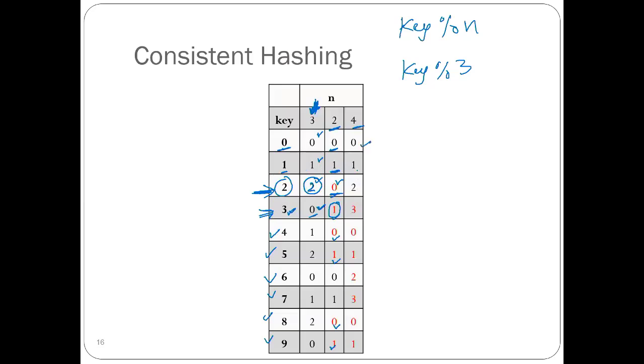For this it did not change, for this it did not change, for this it did not change, because now n is equal to 4. But this key, which was earlier hashed to the first server, server 0, needs to be hashed to a new server, server 3. Similarly, 4 will be hashed to 0. Fairly simple thing which you can easily do, just the modular thing.